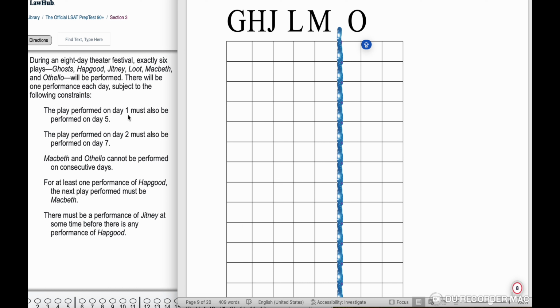The play performed on day 1 must also be performed on day 5. Same one for 1, it's going to be the same one for 5. The play performed on day 2 must also be performed on day 7. So 2 and 7.